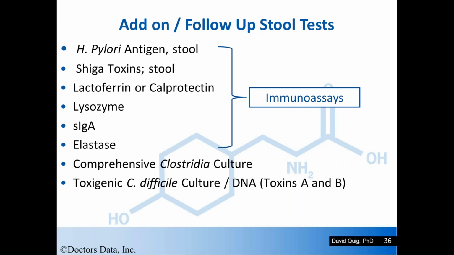We also have a specific toxigenic C. difficile culture, again, because it's easy to grow C. diff if you have the right culture conditions. And when we do find positive C. diff in culture, we do a reflex DNA testing for the PaLoc gene that is responsible for the production of toxins A and B. Remember, just having C. diff doesn't necessitate treatment.